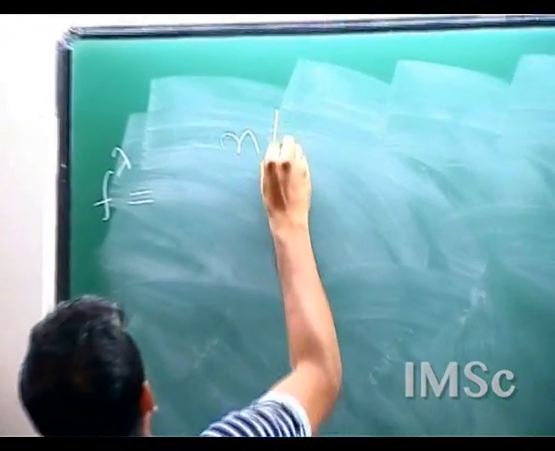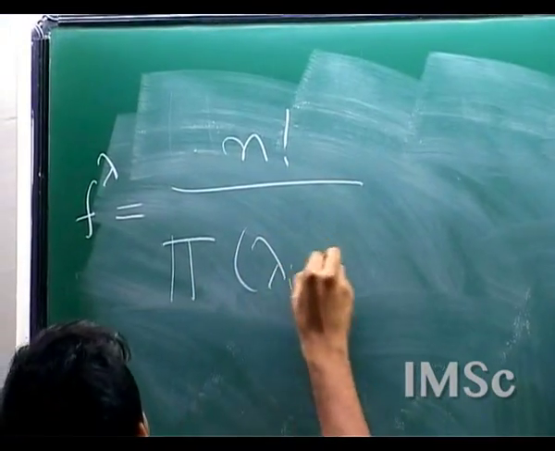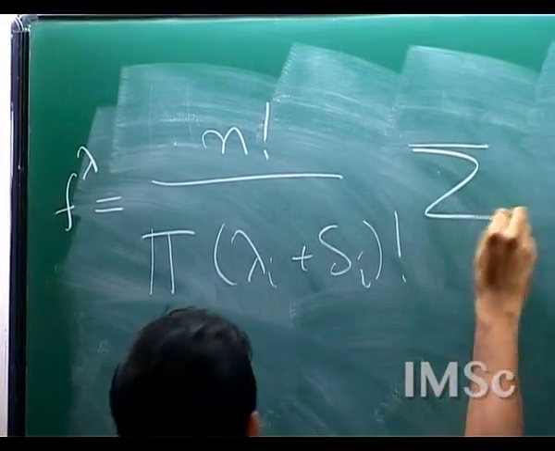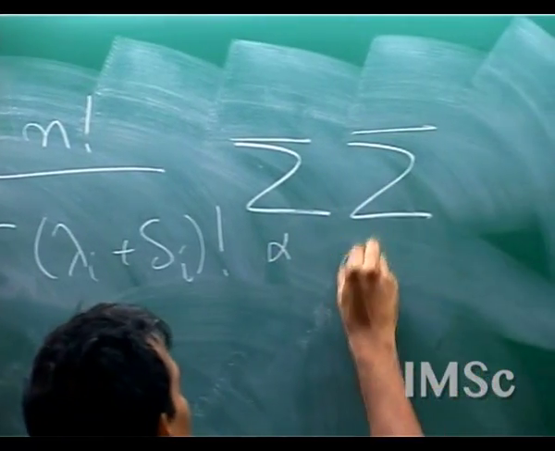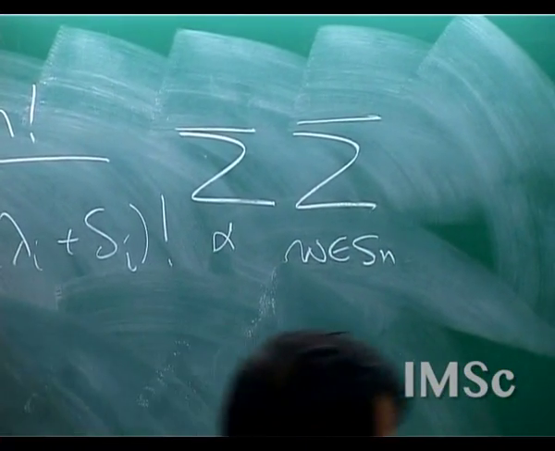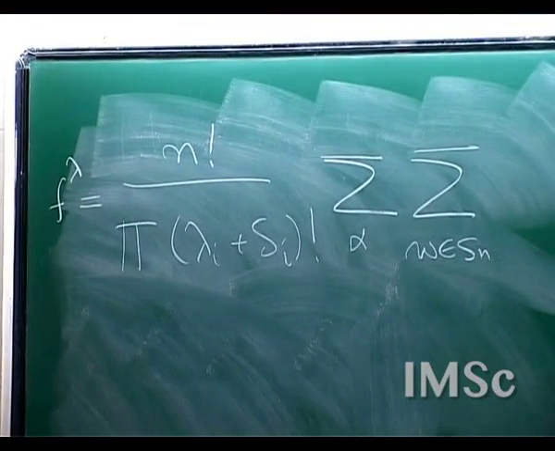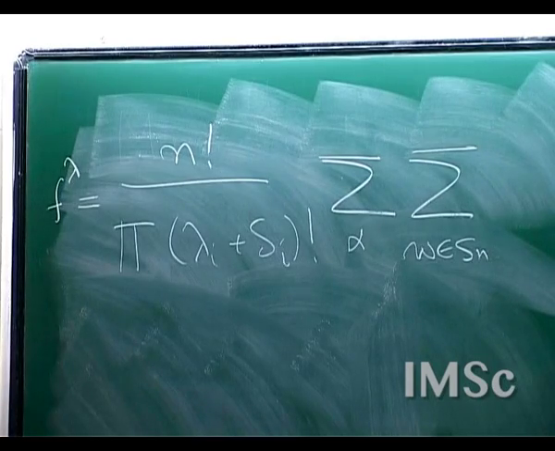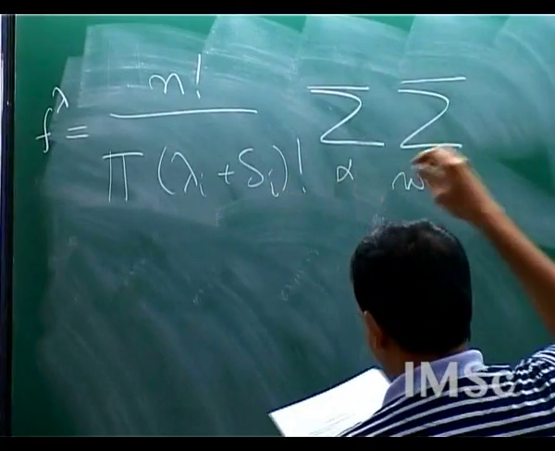So what you get is n factorial divided by product of lambda i plus delta i factorial, then summation over alpha, summation over w in Sn. Let me make some more space here. I want to put this back in the numerator.